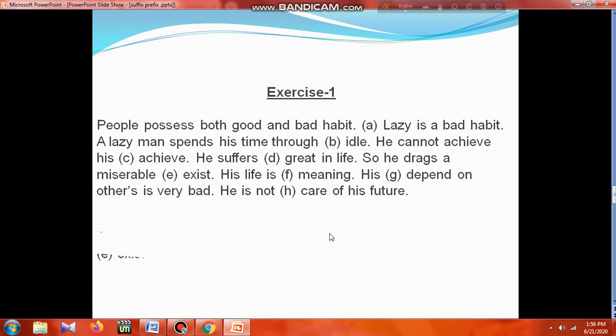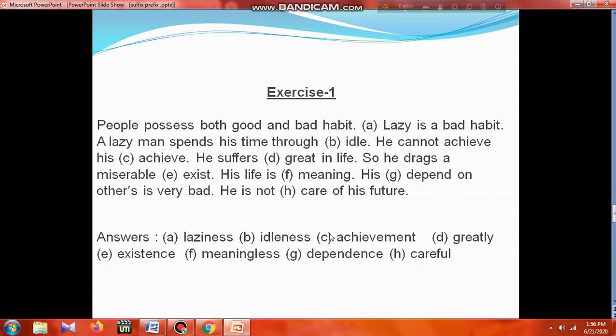Now we'll see the answer. As I was saying, first one is laziness. Second one is idleness. Third one is achievement. Fourth is greatly. Fifth is existence. His life is meaningless. And his dependence on others is very bad, and he is not careful.